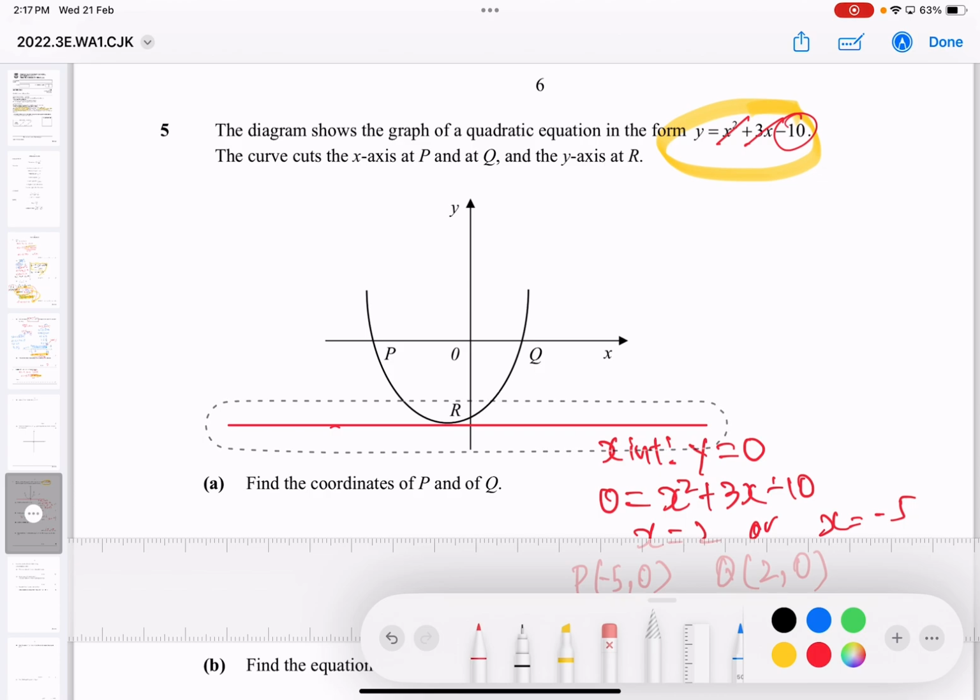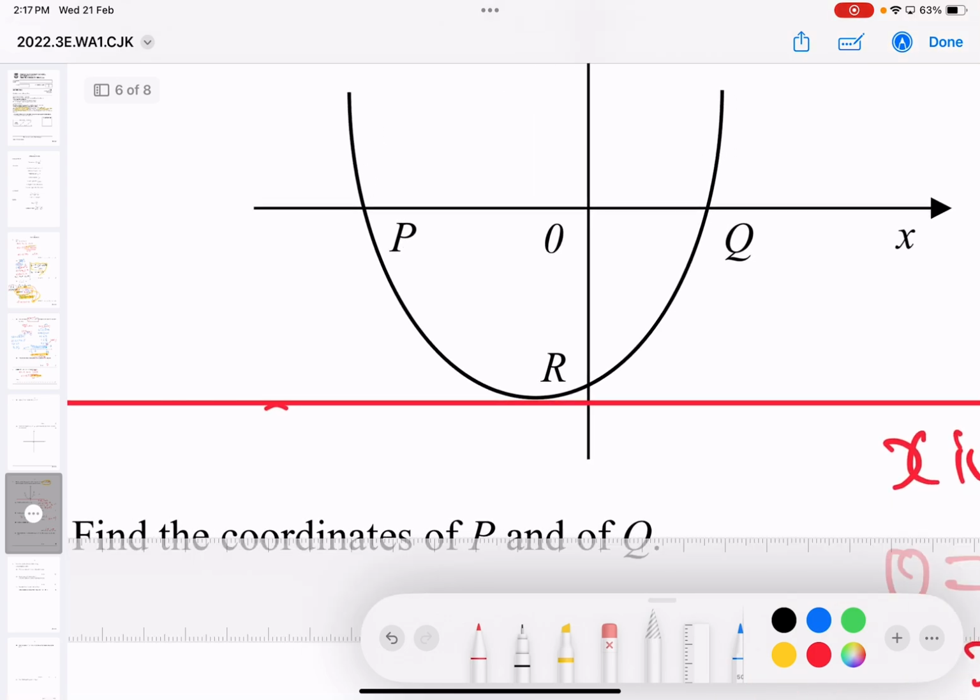Therefore, it only intersects at one point only. So what is the value of y over here? You need to find the coordinates of the turning point.